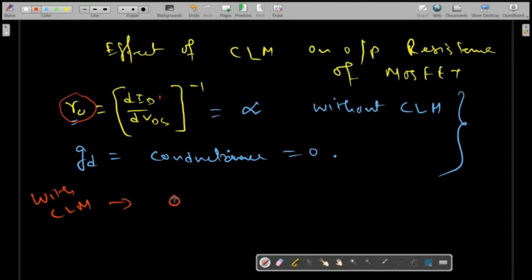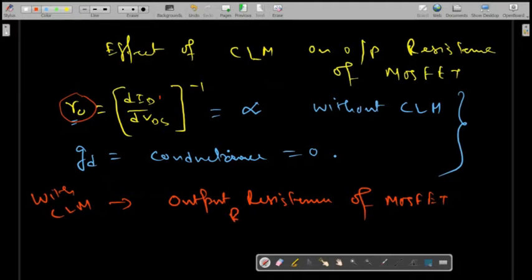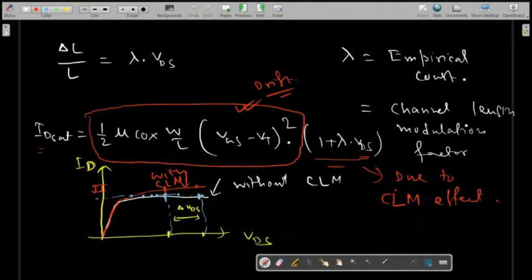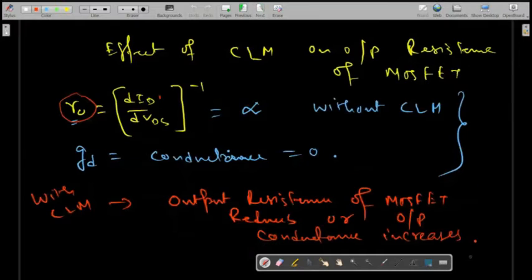So with CLM, output resistance of MOSFET reduces, or output conductance increases. This is a very important remark. So when there is a CLM effect in a MOSFET, the output resistance of the device will fall and output conductance of the device will increase, and that is not good actually.